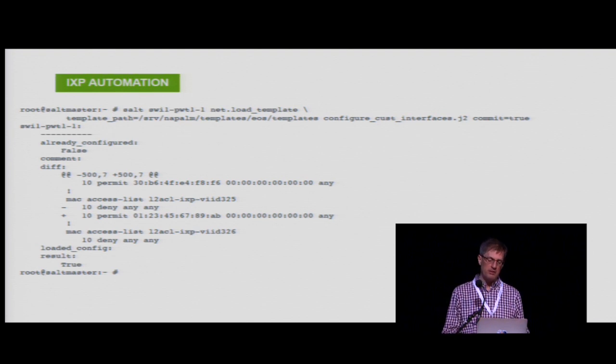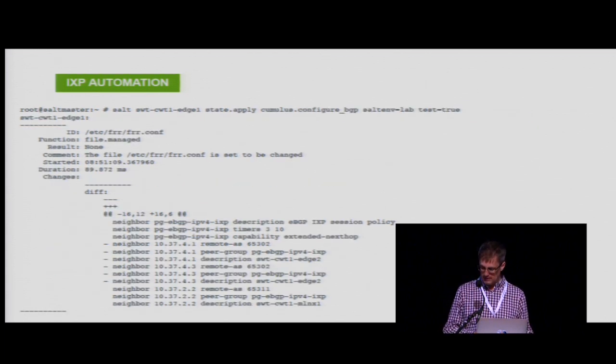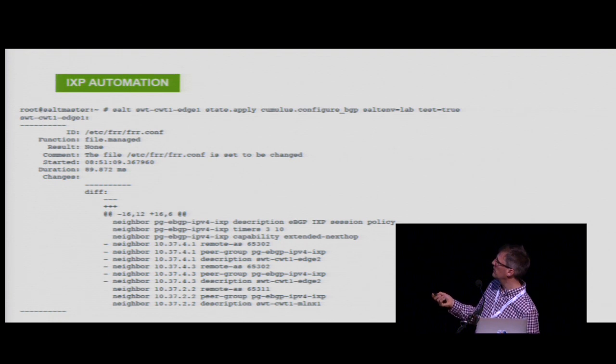Sometimes, if it's a simple configuration change, for a MAC ACL or something like that on an edge interface, we'll just skip the commit rollback side because it's so obvious what it's going to do. Here's how it works on the Cumulus side. It's just regular Salt. We've made a configuration change affecting BGP to remove a bunch of neighbors here.